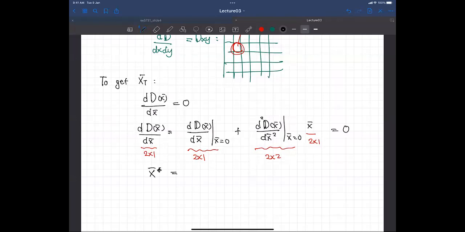It equals minus the inverse of the second derivative d squared over dx bar squared when x equals 0, multiplied by the first derivative dx over dx bar when x equals 0. That's it. That's the location of your true signals.